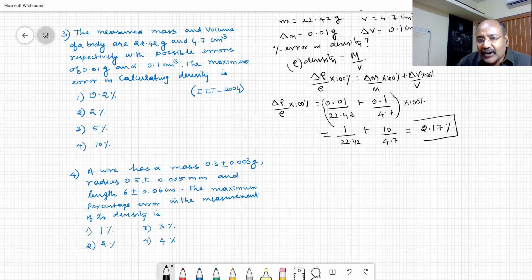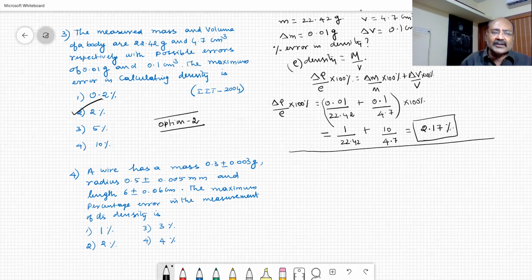So you just do the mathematical simplification and get this answer. Nearly it is equal to 2%. So the correct option is 2. Similarly, the same type of problem we have in the next one also.